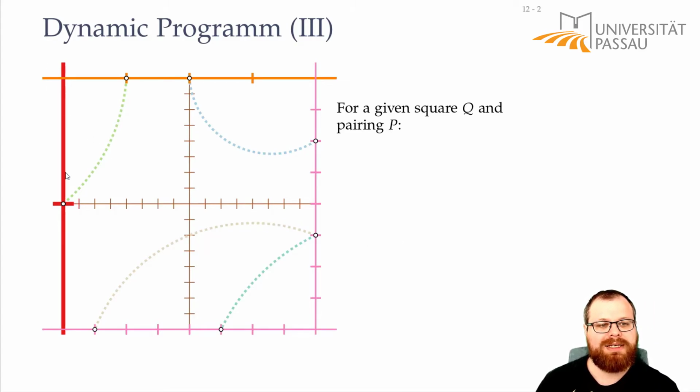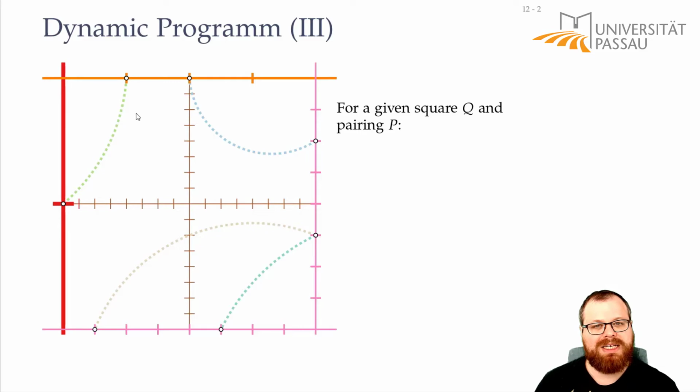If I just look at this square here, I mean the top side is fixed, the left side is fixed, but at the bottom and right we have no clue. So we still have to guess here what happens on the right side, how many portals do we visit, which portals do we visit, and how are they paired, and the same here with the left and the bottom side.